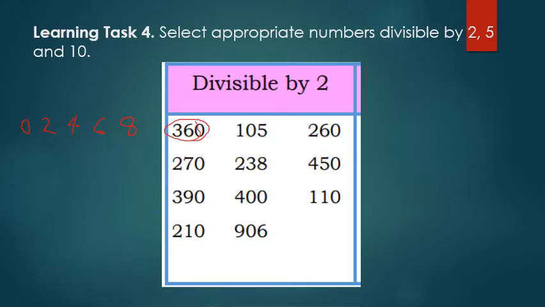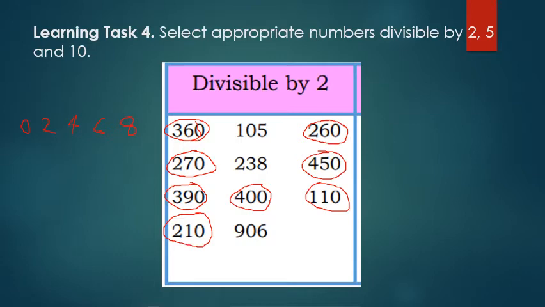Okay? How about 270? Saan siya nagtatapos? Sa 0. Divisible ba siya sa 2? Okay. Para mapabilis tayo, hanapin muna natin ang mga nagtatapos sa 0. Ano pa yung nagtatapos sa 0? Yung 390, yung 210, yung 400, yung 260, yung 450, and 110.